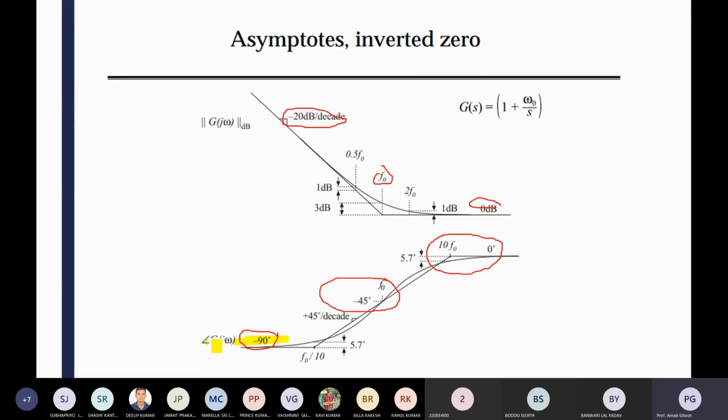So you can understand that the gain plot, the amplitude plot, starts with plus 20 per decade as the asymptote for the inverted zero, and at f0 you make it 0 with the addition of another plus 20 per decade. The same thing also happens for the phase plot. It starts from minus 90 degrees, minus 45 degrees at f0, and at 10 f0 it adds plus 90, so directly it comes to 0. So this is your normalized form of the inverted zero.